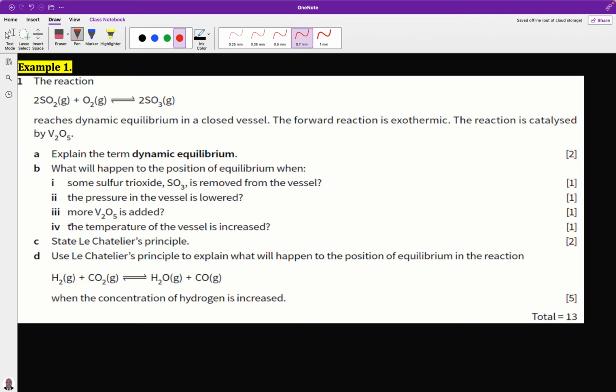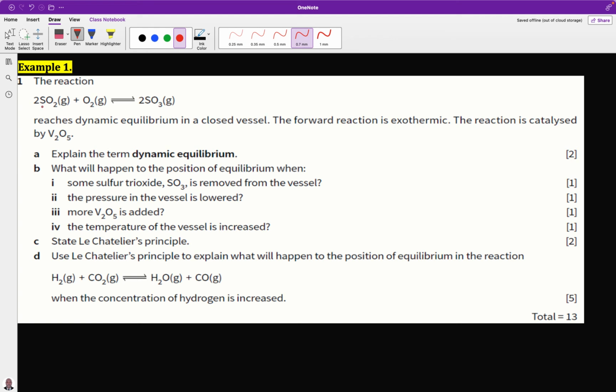And number 4, the temperature of the vessel is increased. This is an exothermic reaction. The exothermic direction favors the production of more sulfur trioxide. If we are increasing the temperature, we are favoring the endothermic direction.